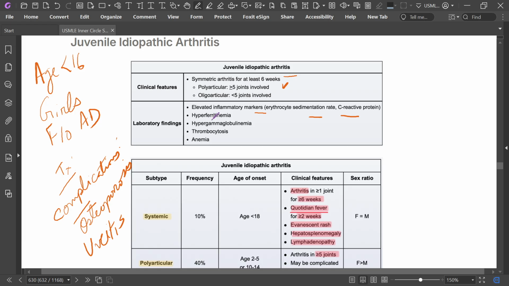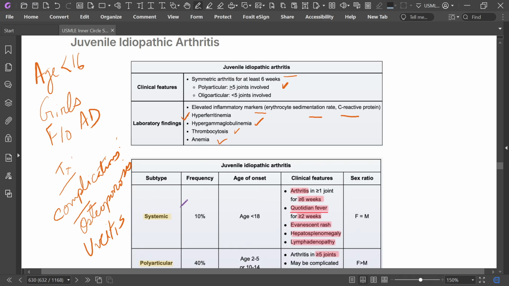There may be hyperferritinemia, so ferritin level would be high. There may be hypergammaglobulinemia, and there may be thrombocytosis and anemia.